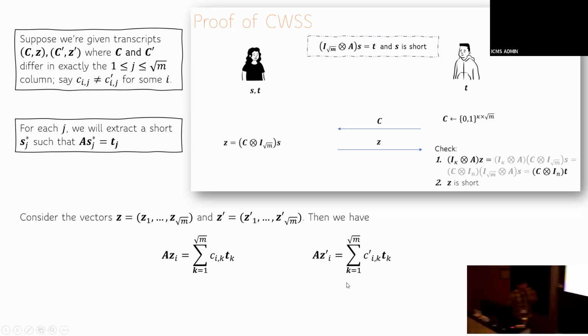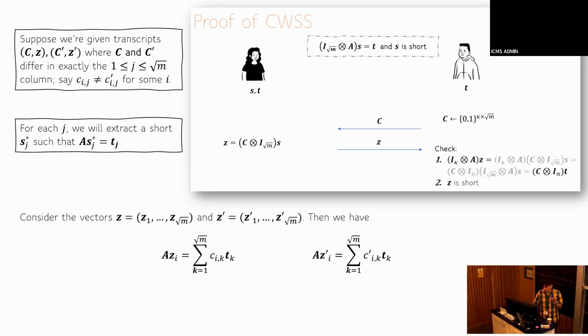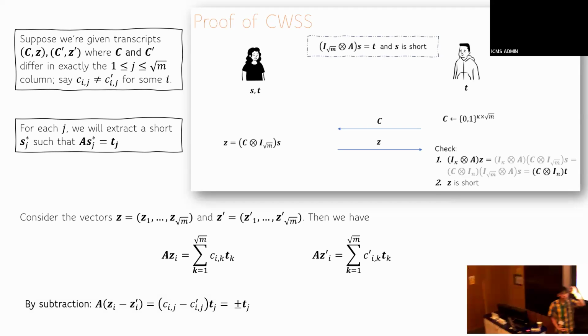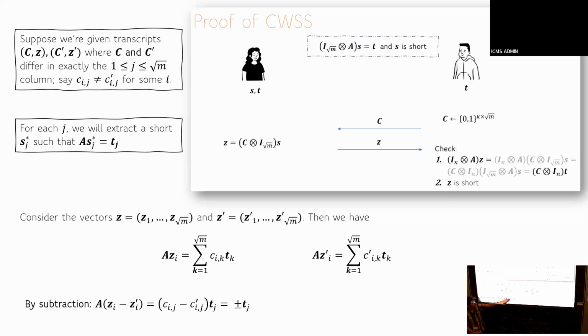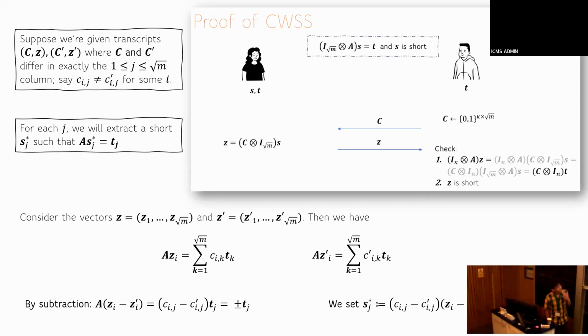Okay. And then, similarly as before, I can just subtract these two. And because these matrices differ exactly in the j-th coordinate, all the other terms disappear apart from the t_j. So I get this part times t_j. Okay. And then because I have binary challenges, this is plus minus 1. So plus minus t_j. Okay, so then by multiplying, I get s_j star, which is short.